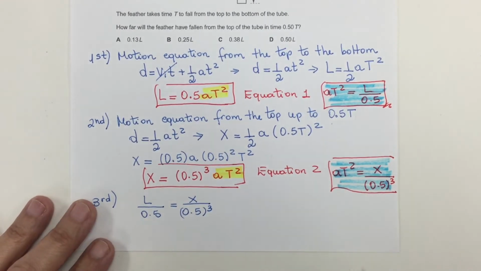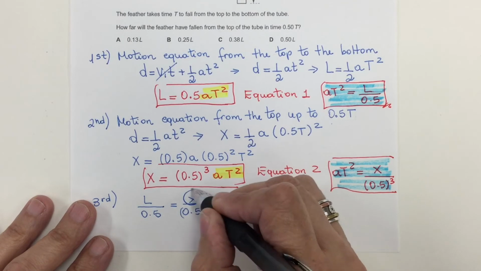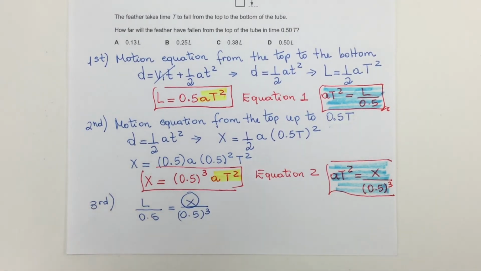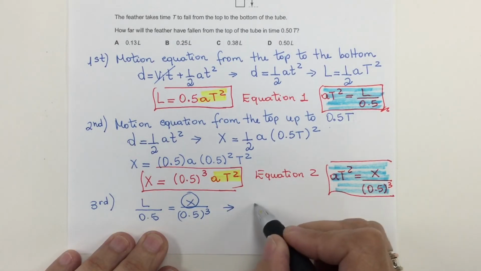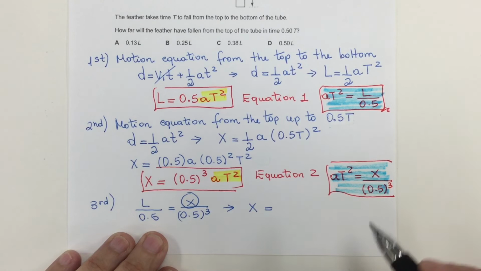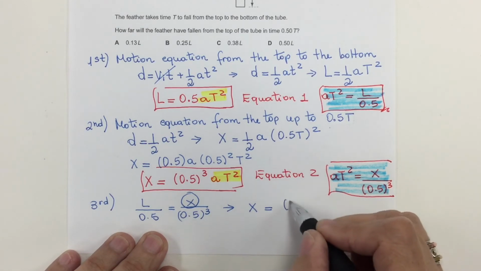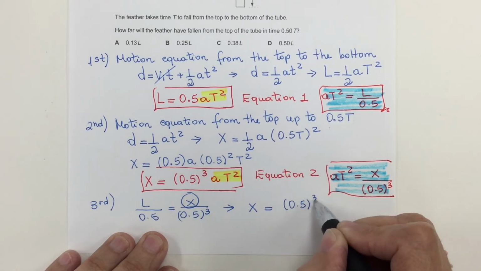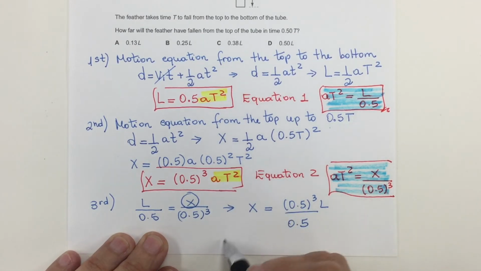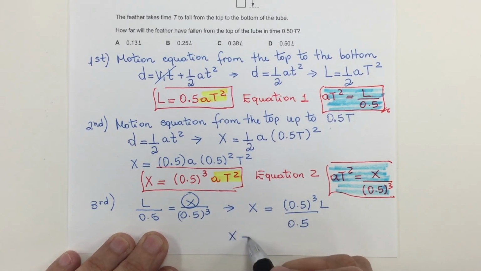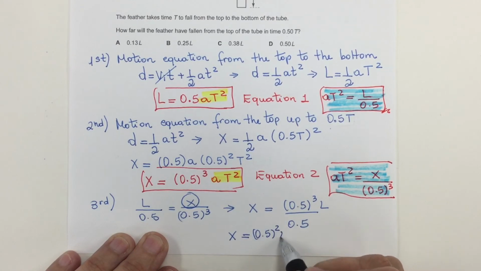Remember, what I want to find is the value of this x, where will be the feather after half of the time falling. So I'm going to keep the x here, and it will be 0.5 cubed L over 0.5. So then my x is 0.5 squared L, right?